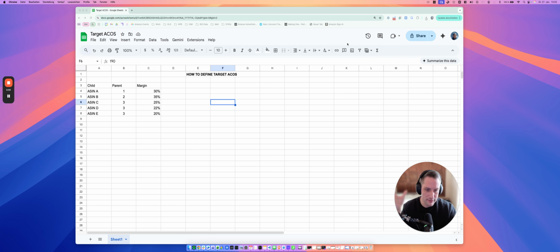People always say, hey, you need to set an ACOS target, right? Most bidding tools work with an ACOS target on a child ASIN level. Now, the biggest question is, how do you define actually that target ACOS? And I would think that most sellers are doing this actually wrong, or they do it, let's say, without thinking about all the implications that are necessary.